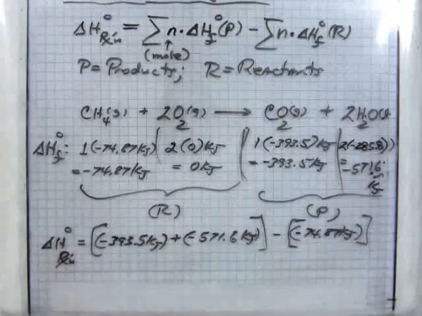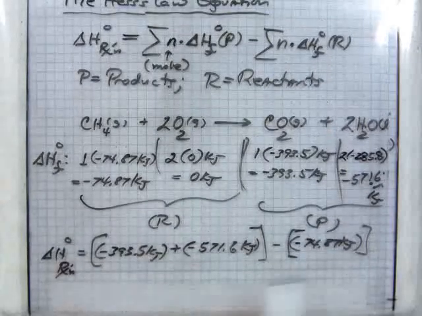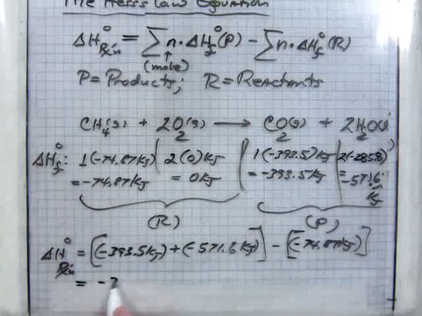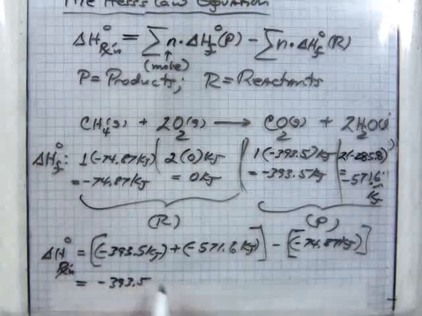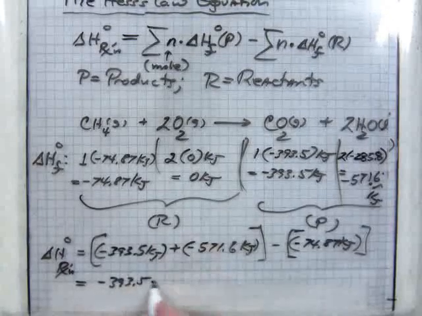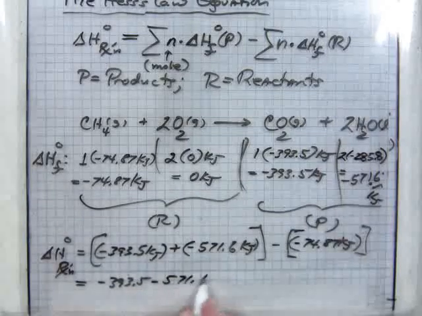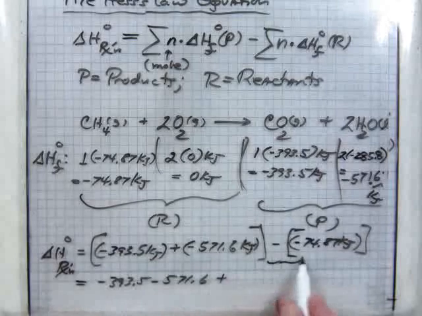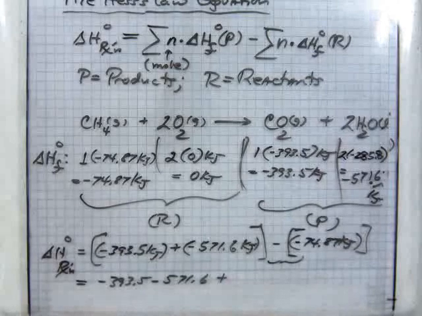So now it's a matter of just simplifying the expression and algebraically adding the numbers. That would simplify to a minus 393.5, a minus 571.6. Minus times the minus is a plus. See how that, check mark that. So that's why you set this up like this.